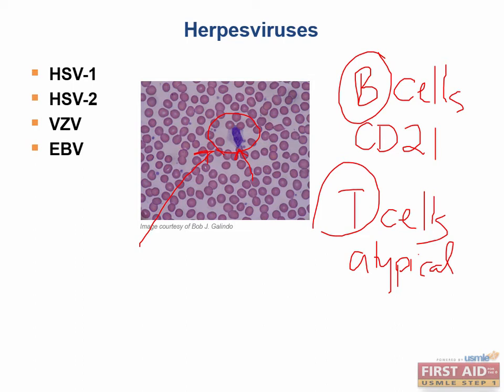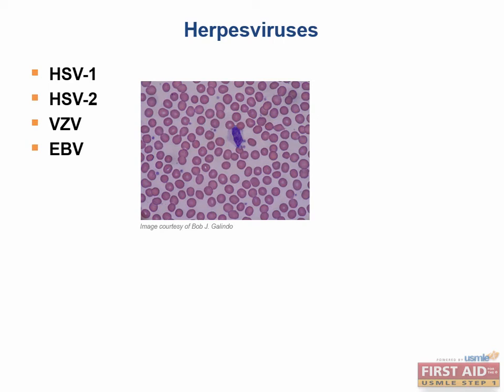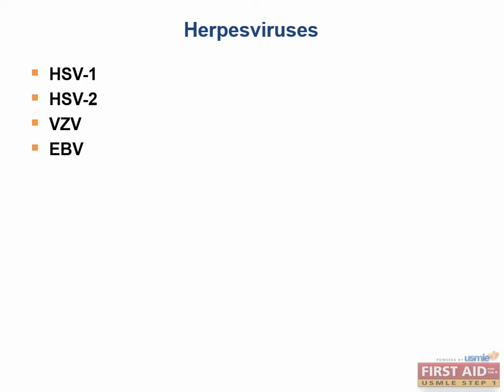So now let's go back to another way to diagnose EBV, and that is the monospot test. The monospot test takes a patient's serum, which remember is their blood without red blood cells, and mixes the serum with sheep or horse red blood cells. It looks for agglutination.